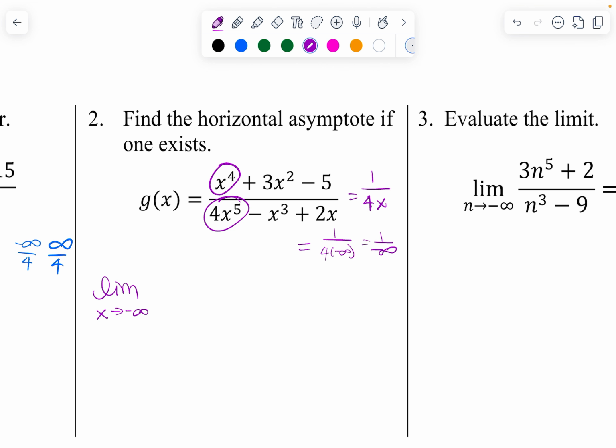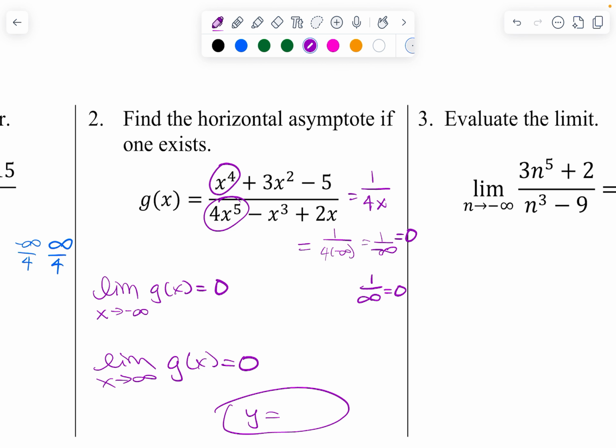Well, 1 divided by an infinitely negative number is going to be 0. So we say g of x is going to 0. And the limit as x approaches positive infinity would be 1 over positive infinity, which would also be 0, which agrees with our y equals 0 horizontal asymptote based on our chart.